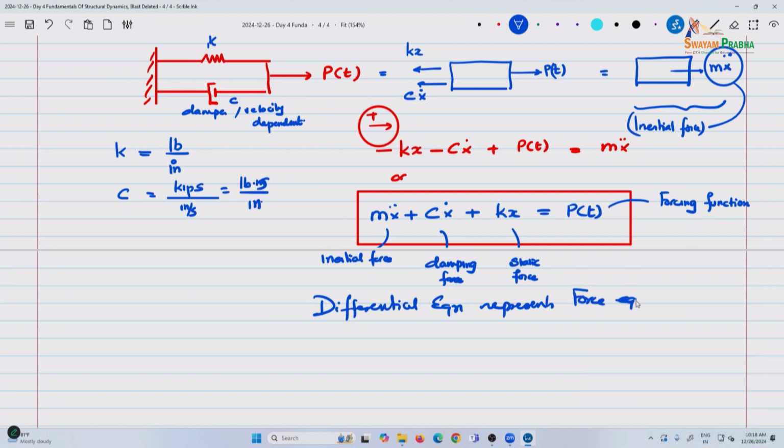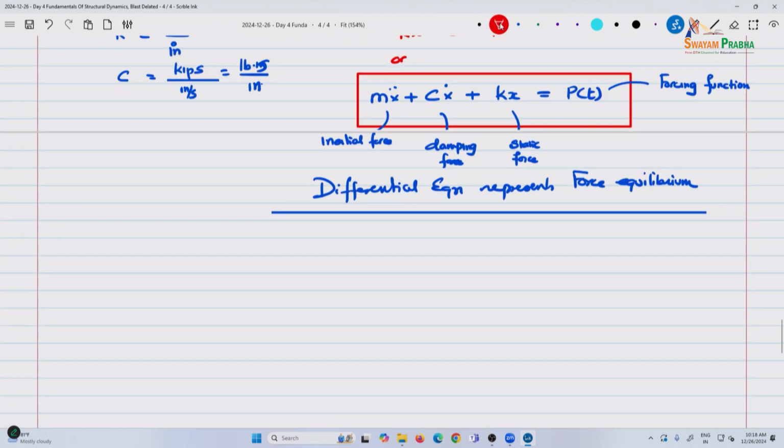Instead of algebraic equations, you have a differential equation representing force equilibrium. And if you look at it, this is basically a second order linear, of course, I have here, non-homogeneous differential equation. And if I say P of t equal to 0, it becomes a homogeneous differential equation.